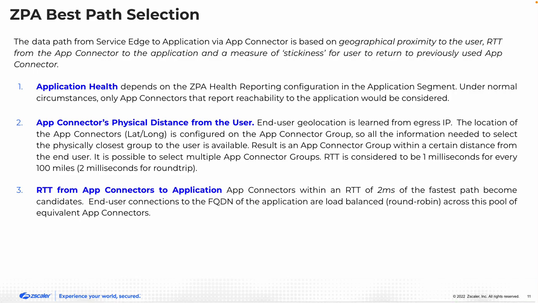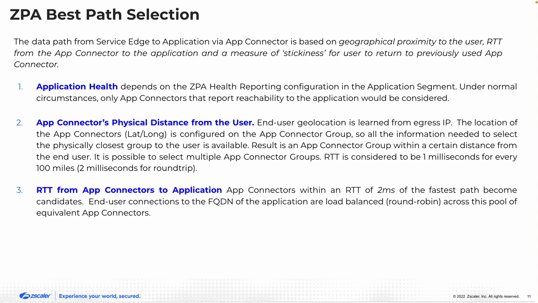For TCP apps, ZPA collects round-trip time between the connectors and the server using a single TCP connection. ZPA removes all paths with latency more than 2 milliseconds greater than the least latency found in the previous step.